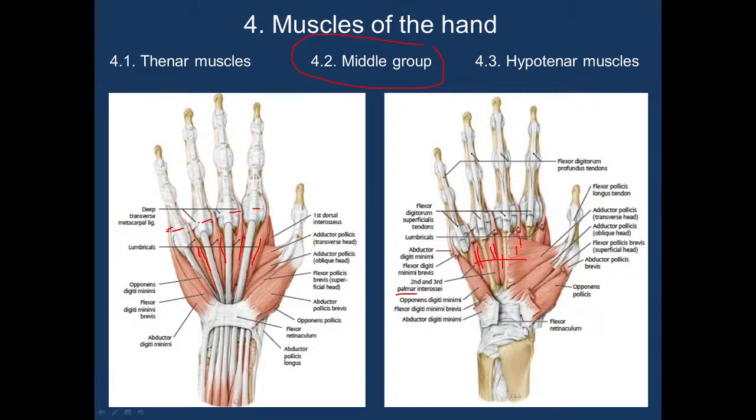They move them together and make them close. But dorsal interosseous muscles produce abduction, when the fingers have gaps between each other.